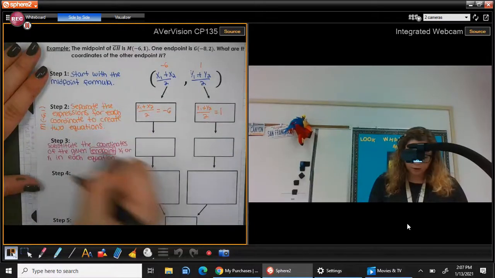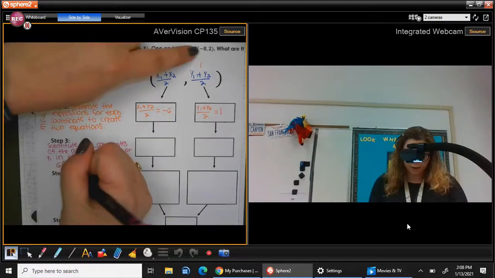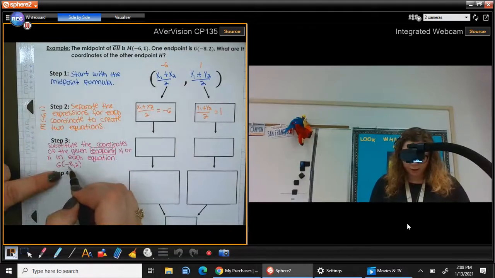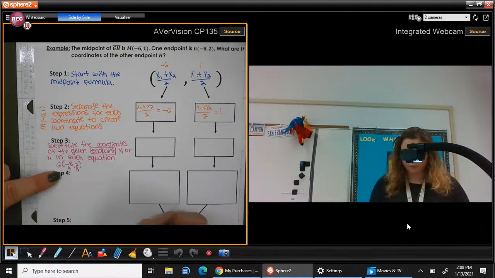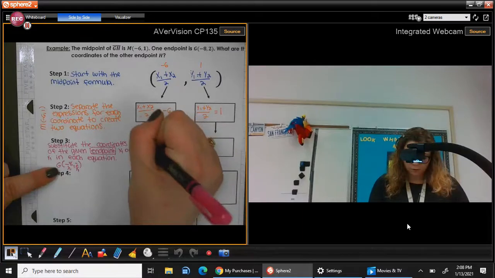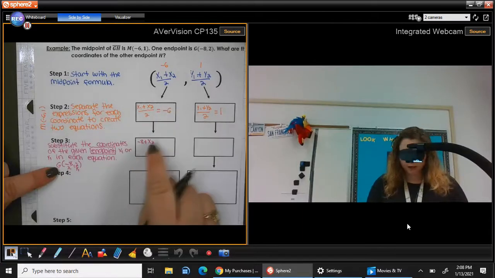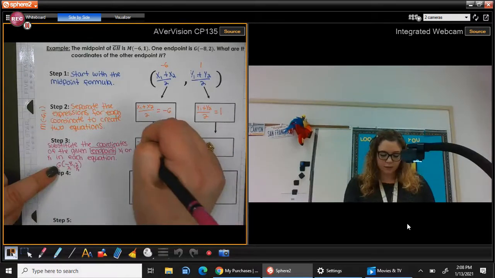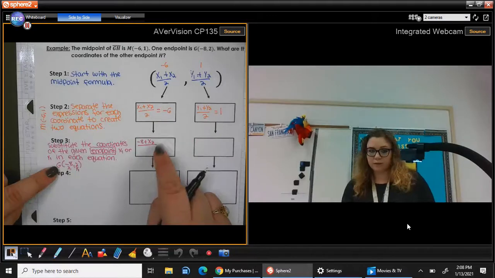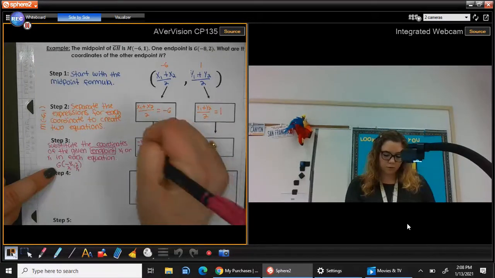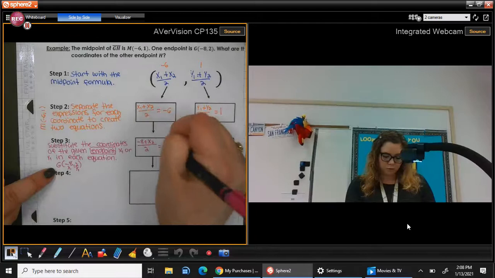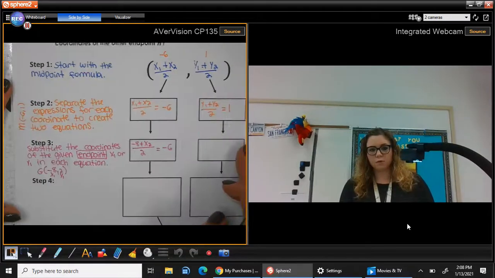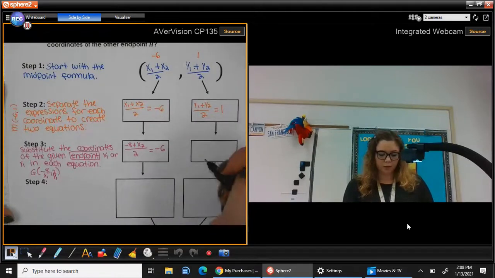Okay, so you're going to use the endpoint they give you, which is (-8, 2). So I'm going to plug this in for x1 and I'm going to plug this in for y1. And I don't know the value for x2, so I'm going to keep that the way it is. Remember, I'm trying to find out the value of this x value, the second endpoint. Same thing over here, I'm going to plug in 2 for y1.